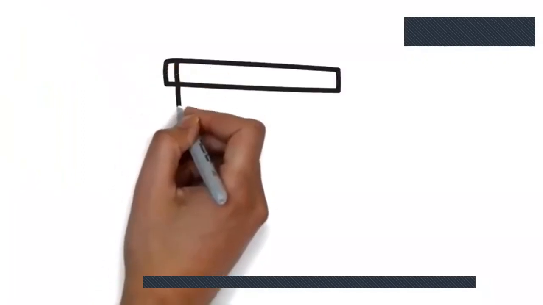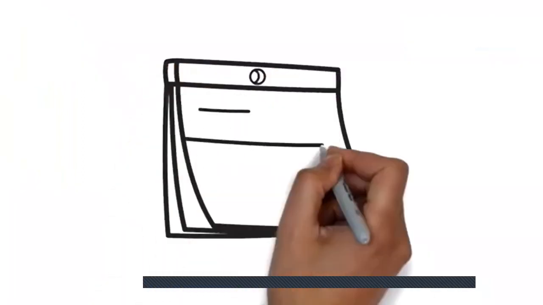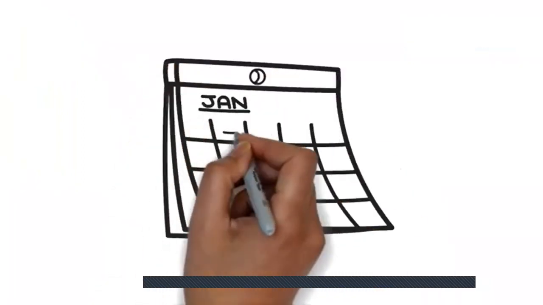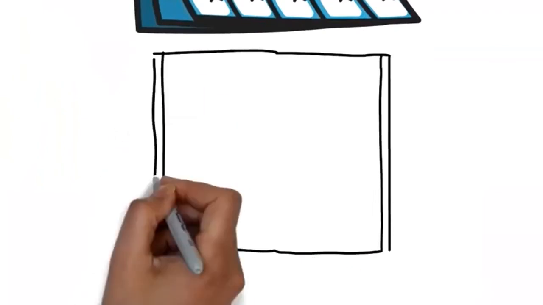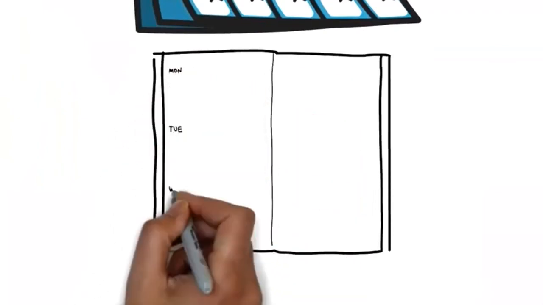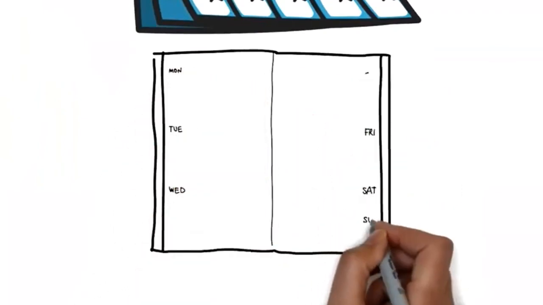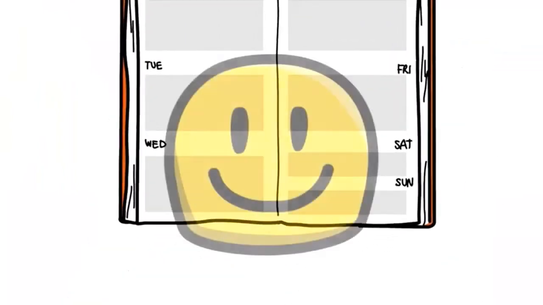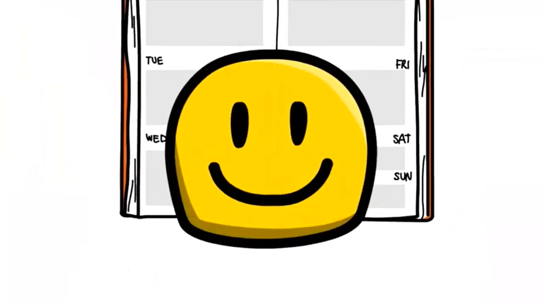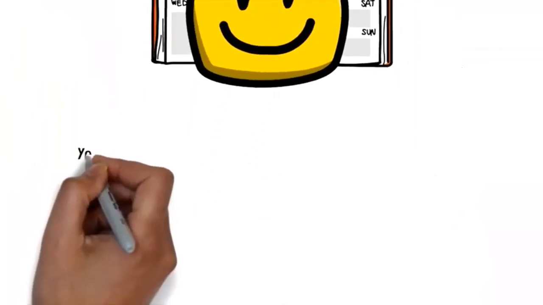A calendar. It looks something like this. You must have seen it in your house. It also looks something like this, like a planner with days on it. That's a calendar. What does a calendar have?